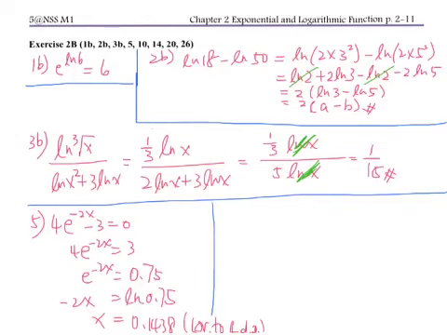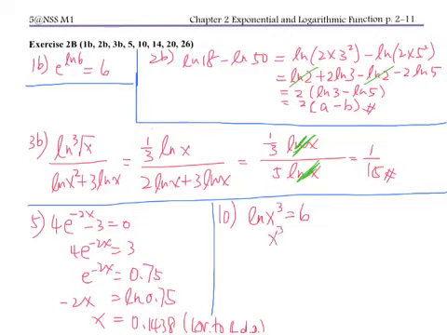Okay, number 10. ln x to the power equals 6. We go back to the exponential format.